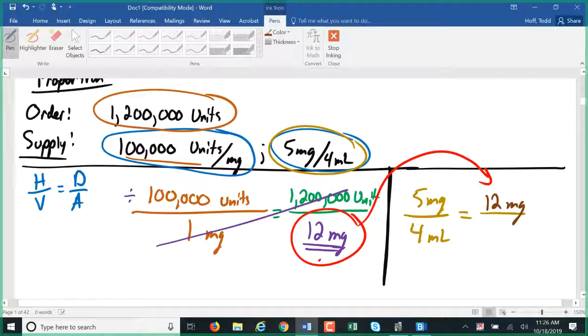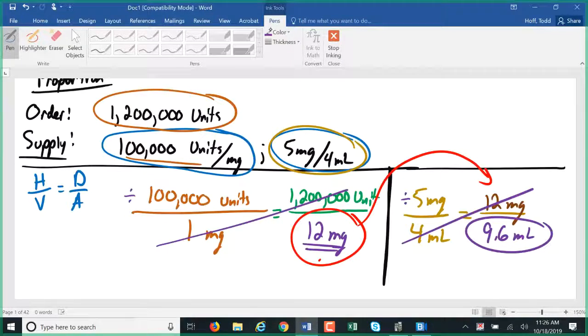And once again, we'll cross multiply and divide. 4 times 12 milligrams is 48, divided by 5, is 9.6 milliliters. Getting the same result. Once again, we had to apply the process twice.